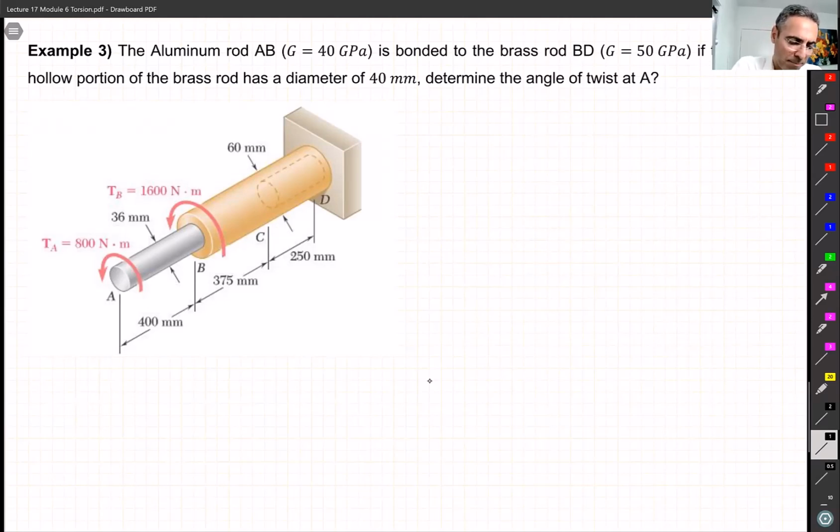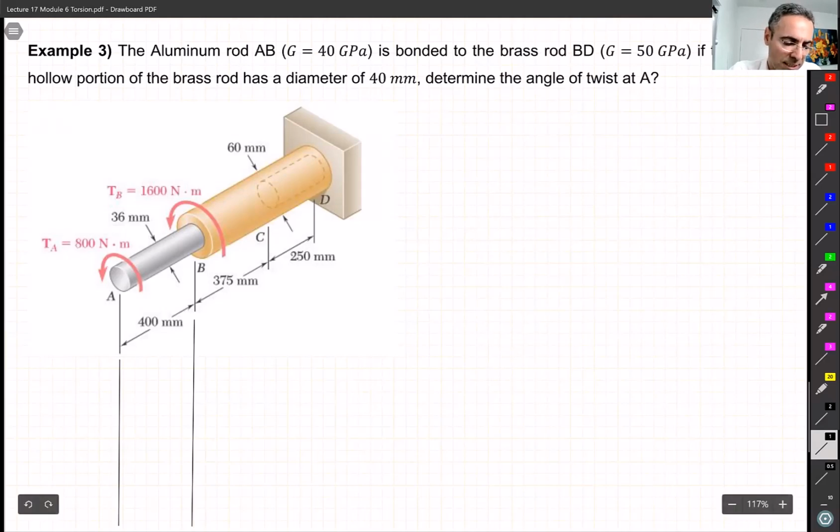So first step, like always, we break down this shaft to different regions. So if I start from the beginning, point A, then at point B, the material is changing. So anytime something is changing, material, geometry, or a new load, it means a new region.